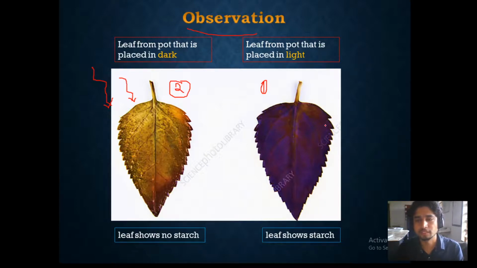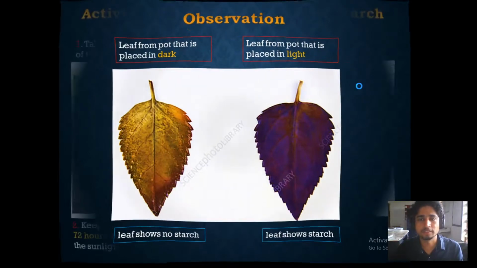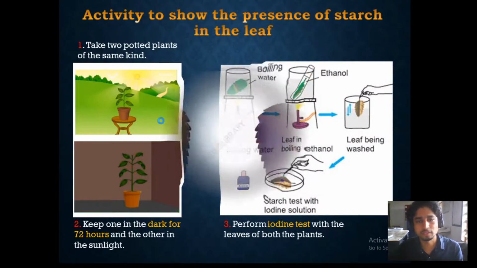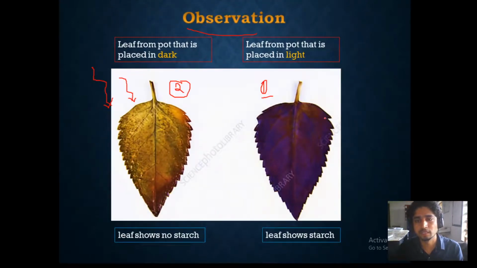So we can say that this leaf has undergone a lot of photosynthesis and is producing a lot of starch, which is evident from this blue color. This leaf was taken from part 1, which was placed under the light so that it can carry out a lot of photosynthesis and store it in the form of starch, and that we are able to see in this blue color.